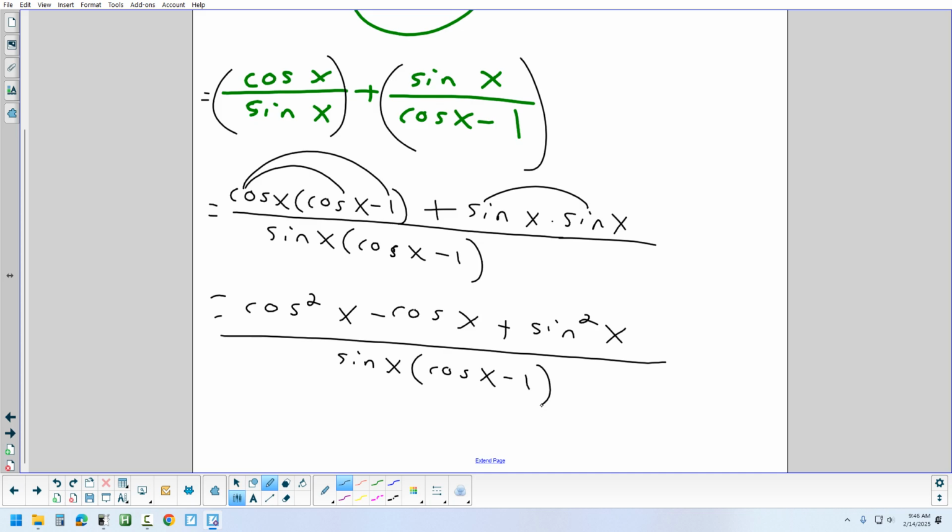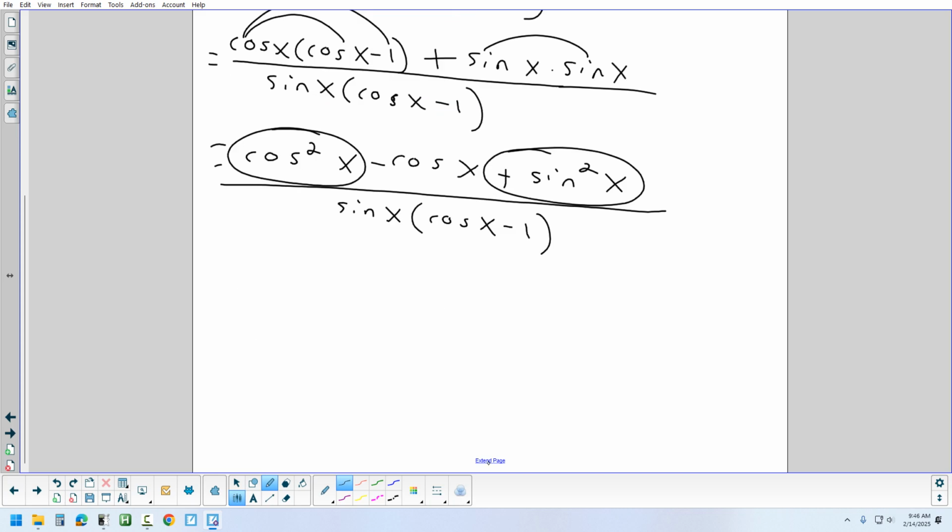Now we have something in the top that's going to work out nicely. The Pythagorean identity. So we have cosine squared plus sine squared. Those two things that I just circled turn into 1.